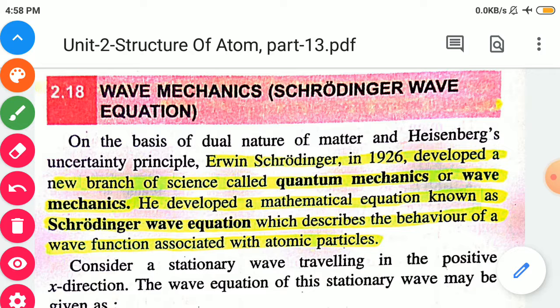Consider a stationary wave traveling in the positive x direction. Here, x direction means these are the axes: this is the x axis, this is y and this is the z axis.